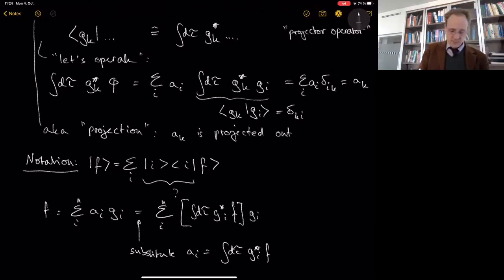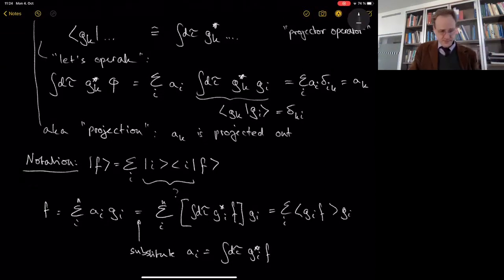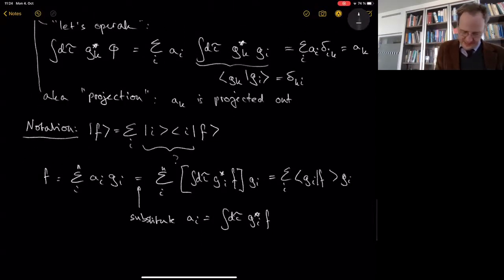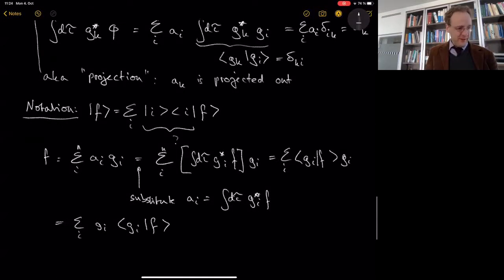Okay. Now that is the same, notation-wise, as just writing this. Oh, sorry. And that is the same as, now we just change the position here, right? And now we introduce the following notation.